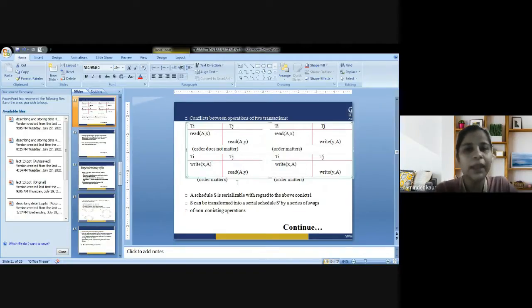That is why, where there are write operations, order matters. If no such operations are getting performed, then order does not matter.